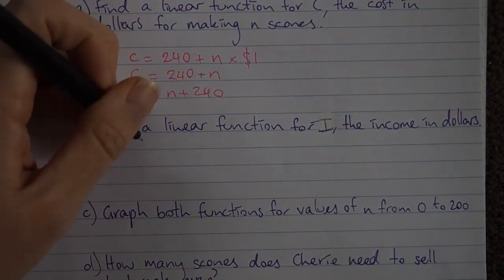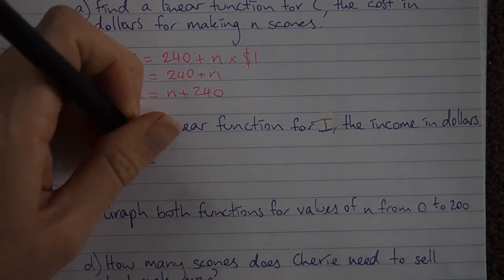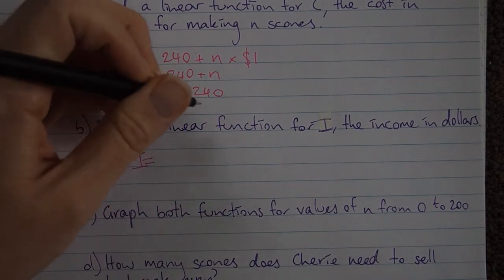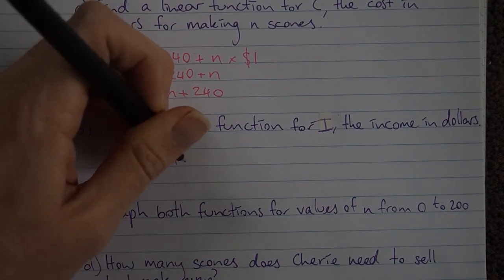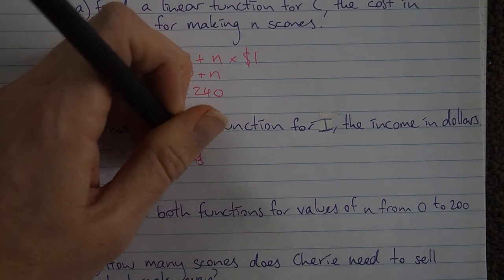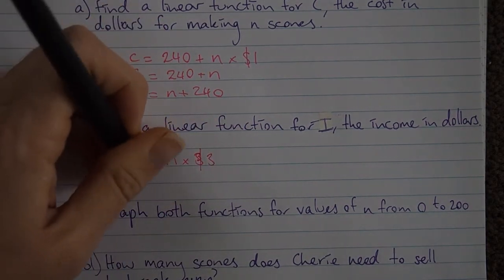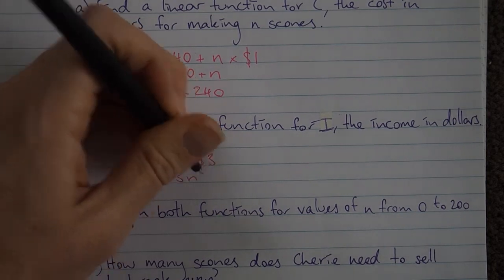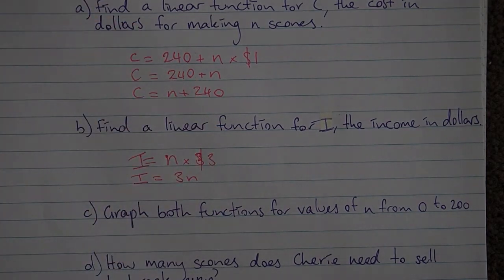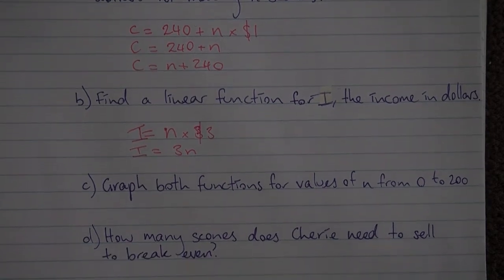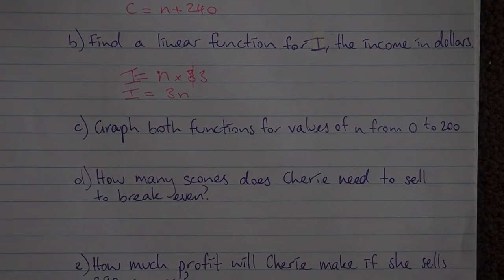So really simple, our income is going to equal N times $3, which in simplest form we write as income, or I, equals 3N. Okay, nice and straightforward. So then we're usually asked to graph the functions together.